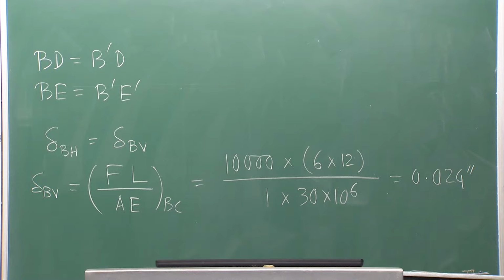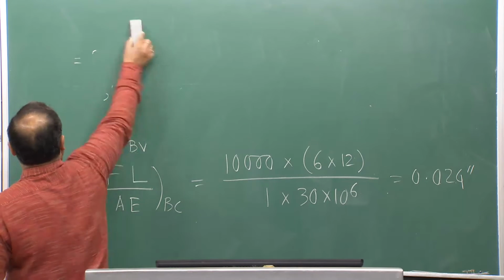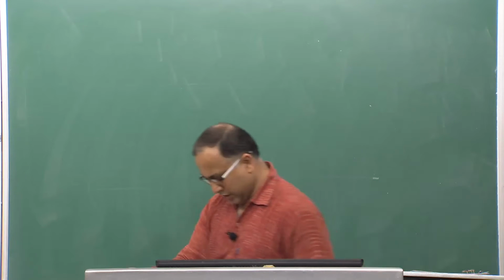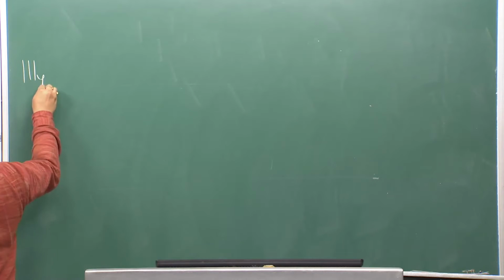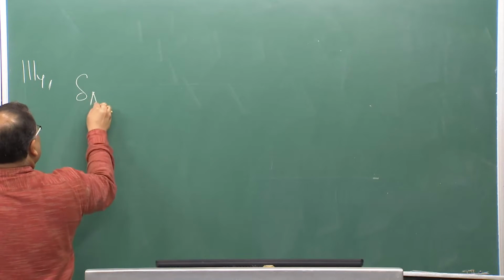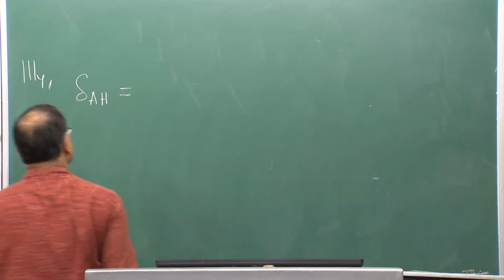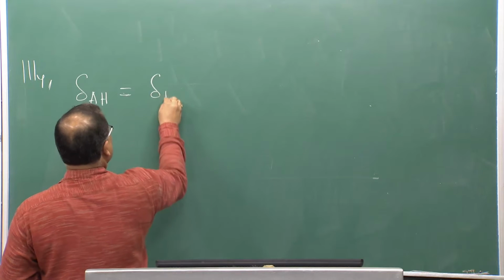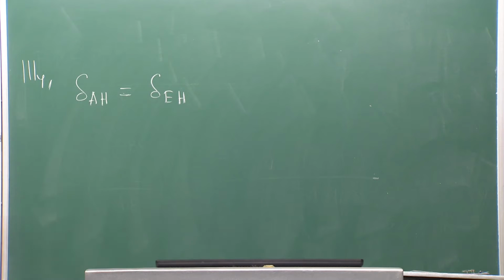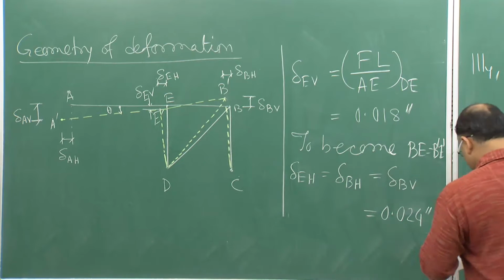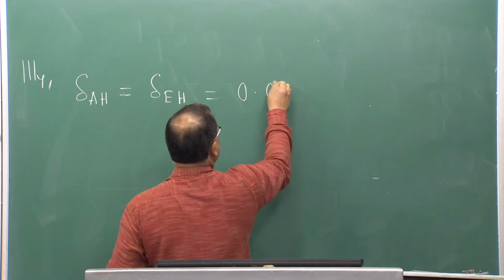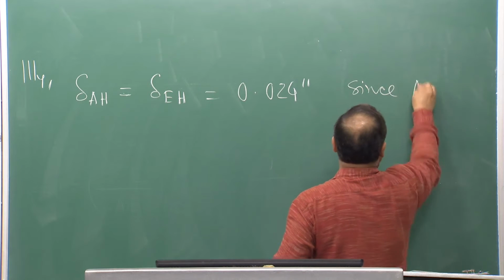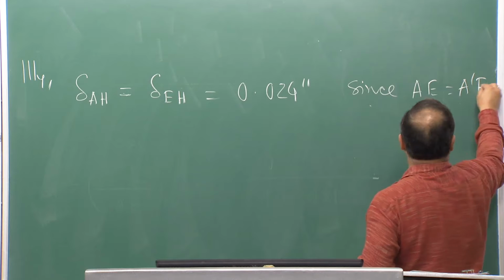Now, similarly, delta AH, the horizontal displacement of point A, must be equal to delta EH, since AE is equal to A prime E prime.